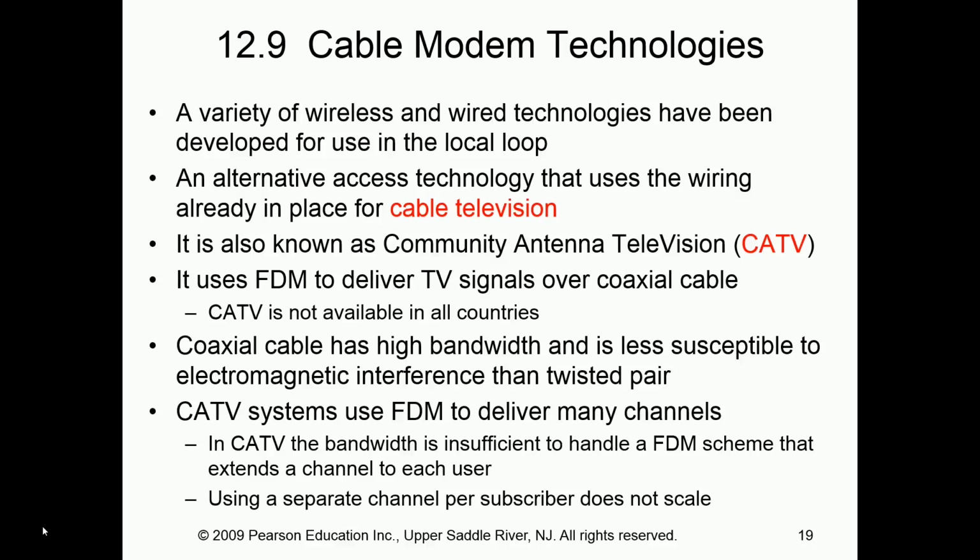It still allows you to send voice, video, and data. It does do higher bandwidth and it is less susceptible to magnetic interference. It doesn't use twisted pair, it just uses a single copper core. And it does use multiple frequencies.